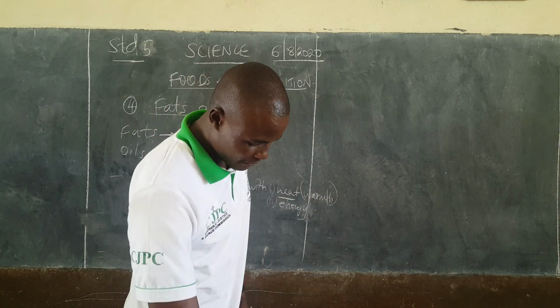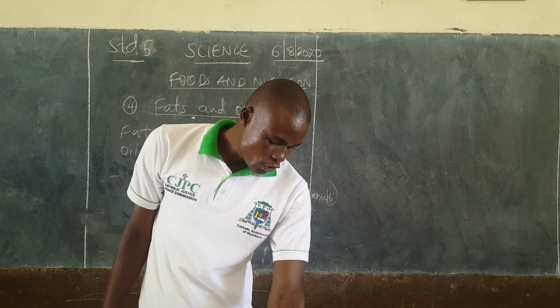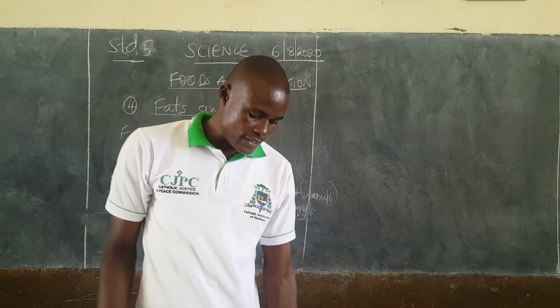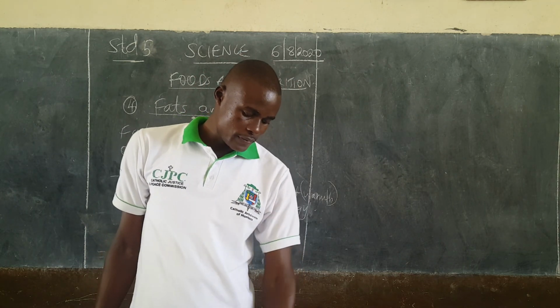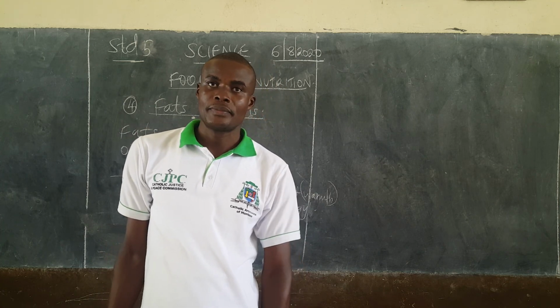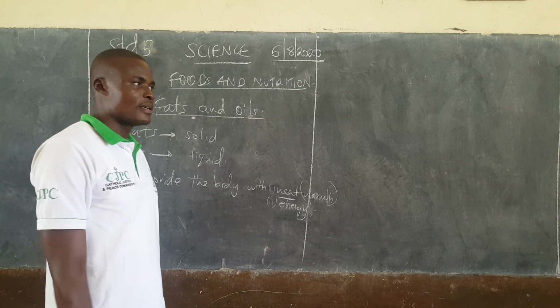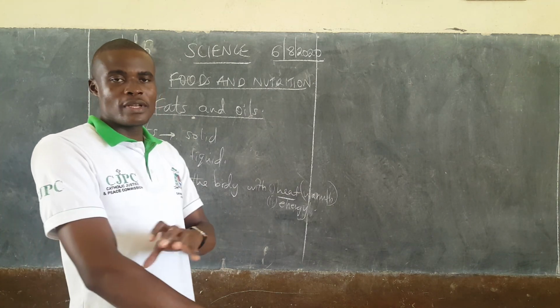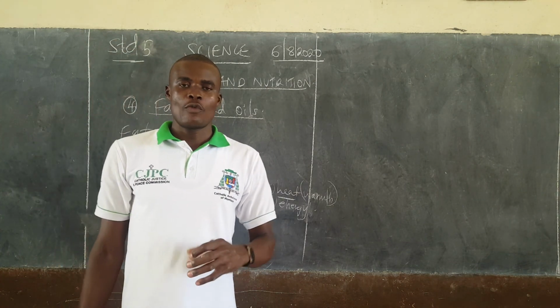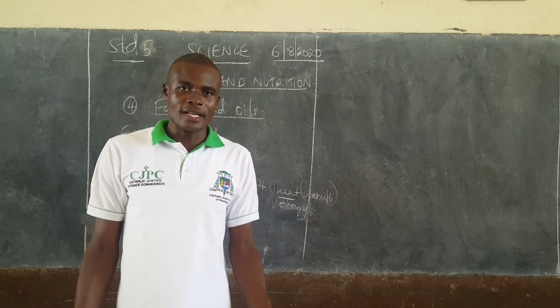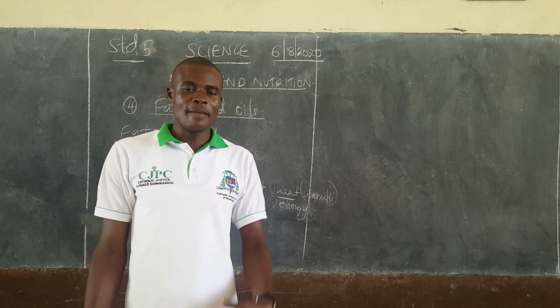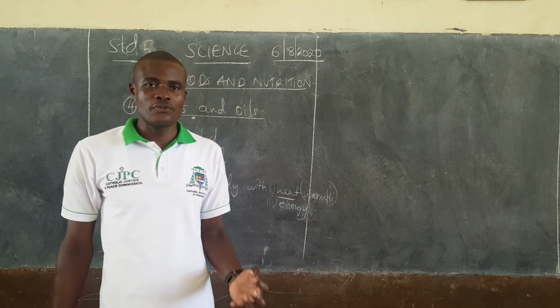And then again, Lana, fats and oils are stored in our bodies, especially under the skin, for use at a later time. Your body may have fats. You normally see when somebody is fat in nature, the major percentage of that flesh is fats.